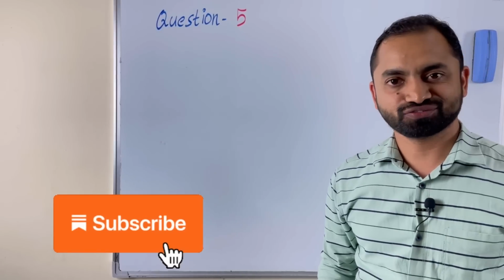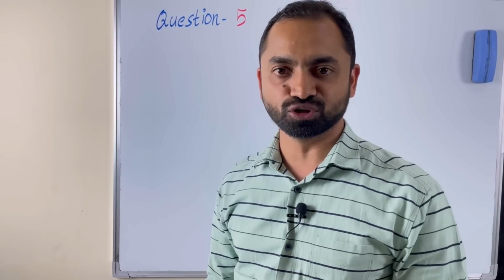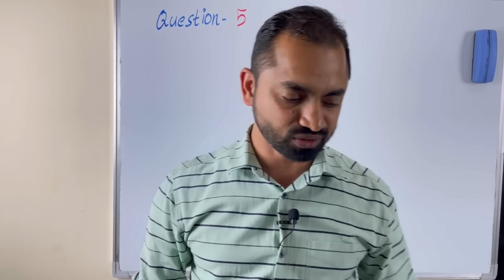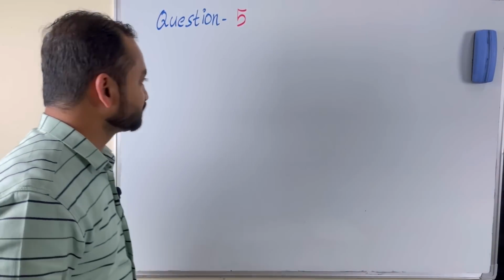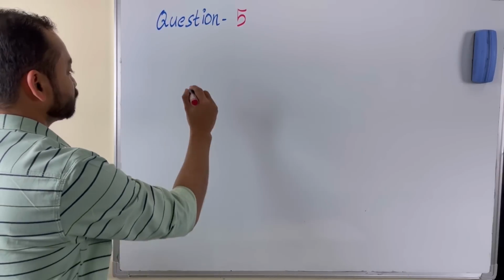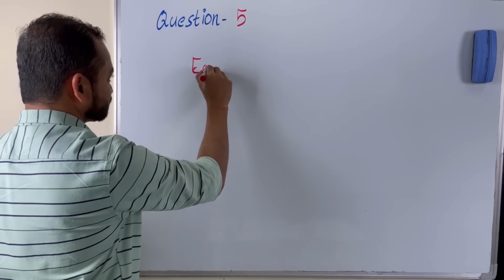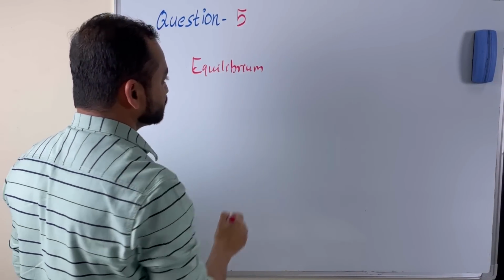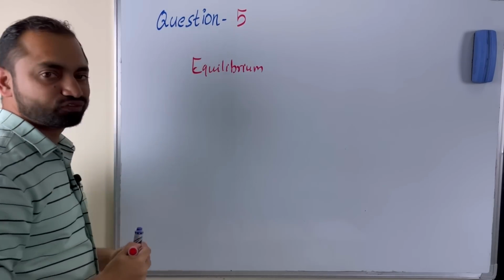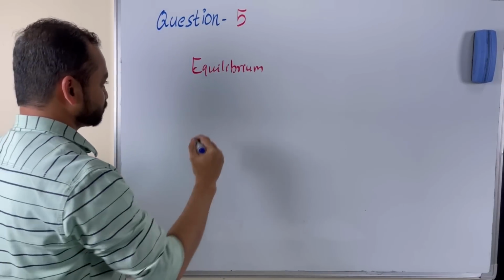Question number 5, for an object to be in equilibrium, the net force acting on the object must be 0. That also we get from Newton's second law. So what is the meaning of equilibrium? An object will be in equilibrium if the net force acting on the object is 0, right?